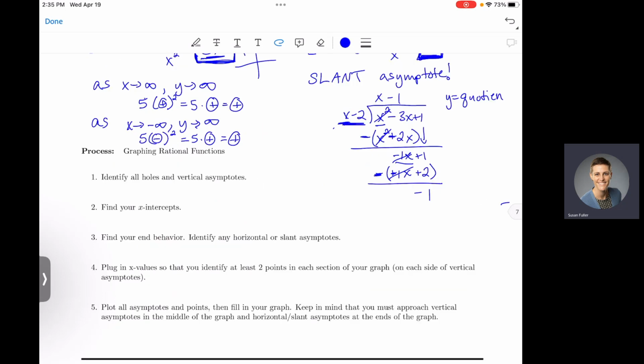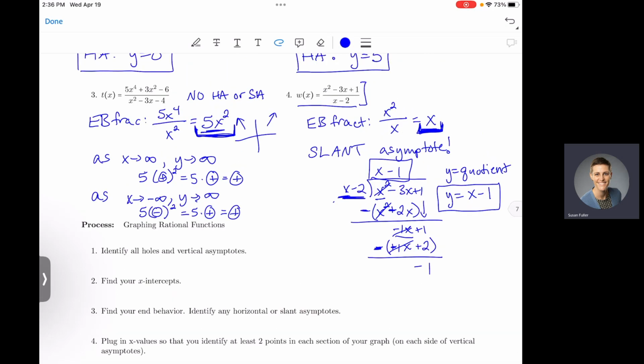Now the quotient is the thing up here, and so y equals x minus 1. That is the equation of my slant asymptote. It's going to be y equals whatever your quotient is after you do that division. And that's our slant asymptote.